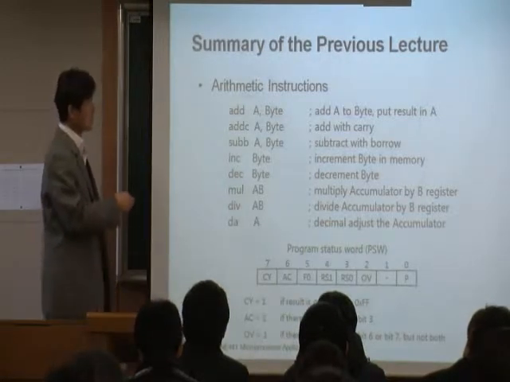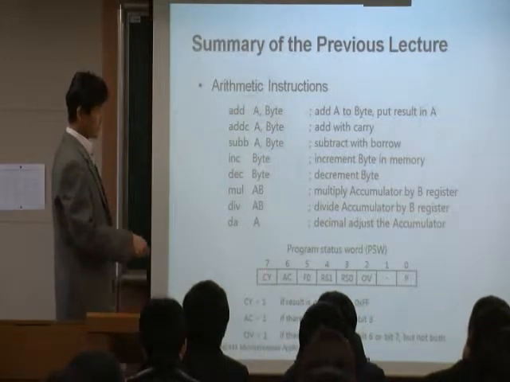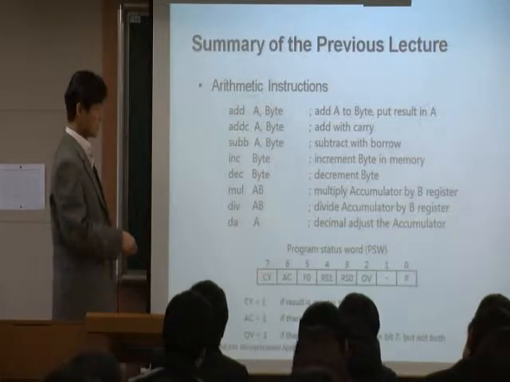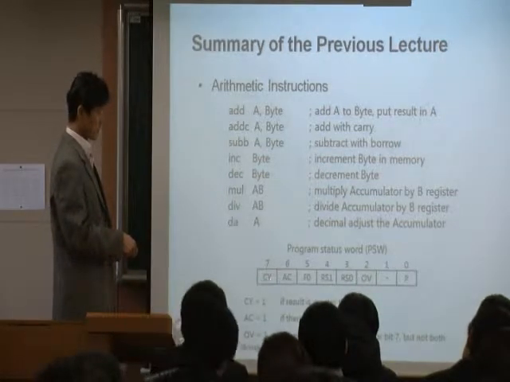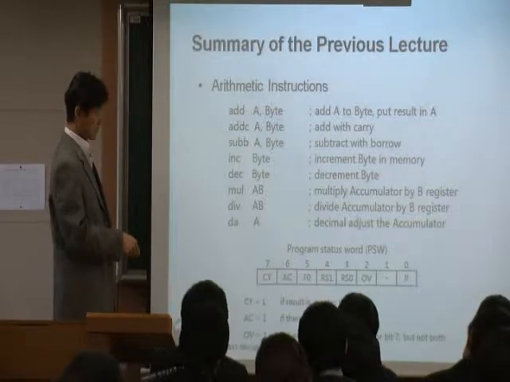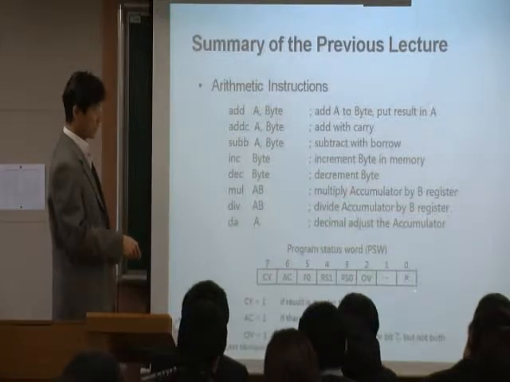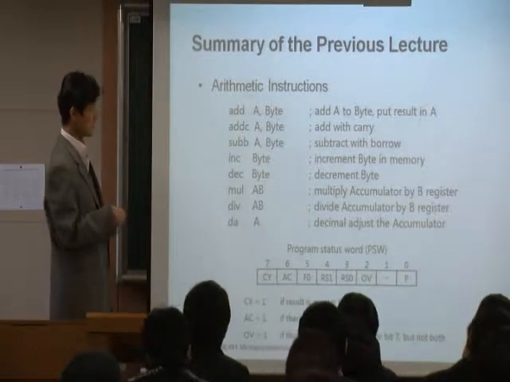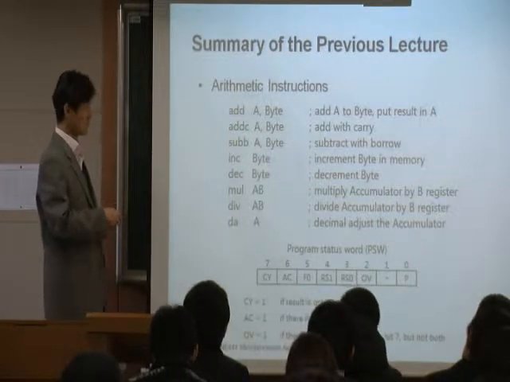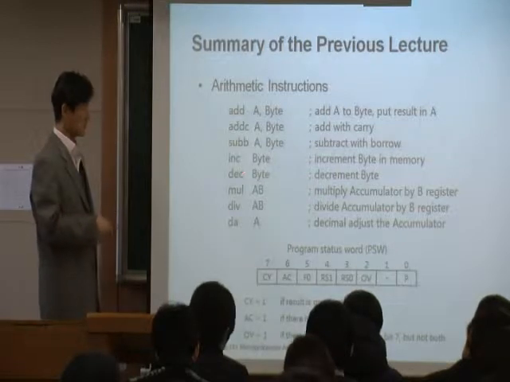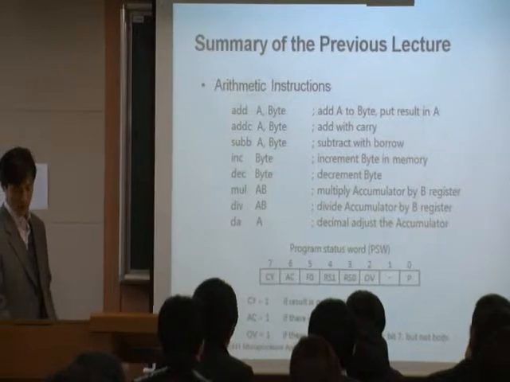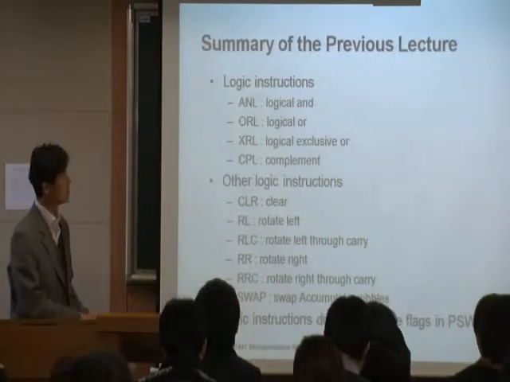So whenever you do the arithmetic instructions, the value in the program status word is going to be changed. The bits, especially the carry, auxiliary carry, overflow, and also parity. These 4 bits are always changing. Every time you run each of these instructions, these 4 bits change, and you need to understand how those are changed.